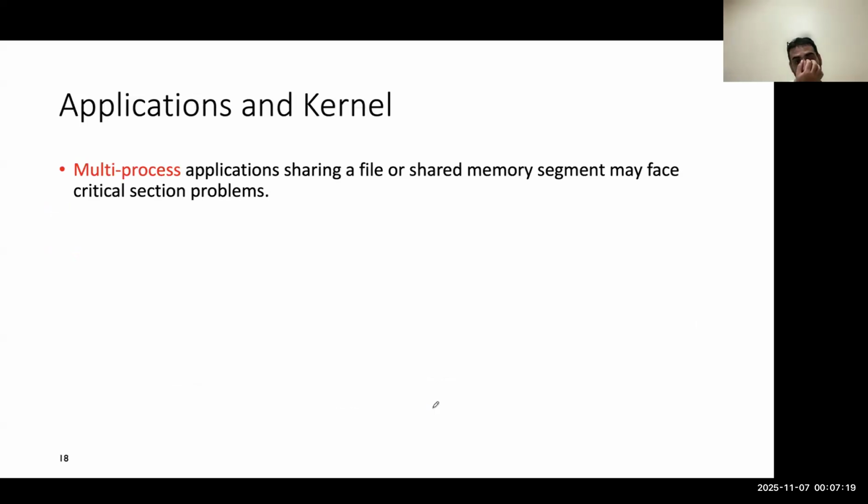So where does this critical section problem appear? These are the venues where we need to apply the solution.